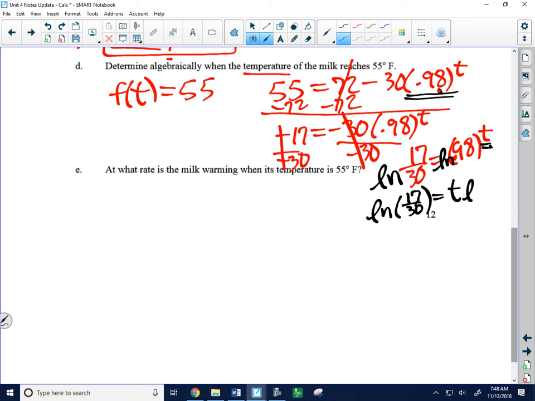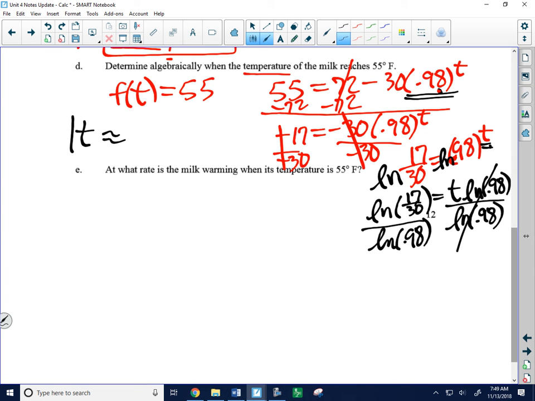Bring t down in front, ln of 0.98. And finally, solving for t, divide by natural log of 0.98. Then just put that in your calculator.